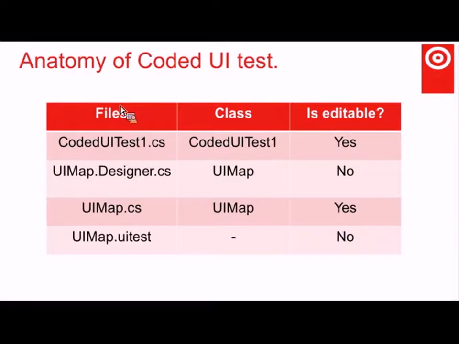We can have a test containing many of those files if it's a big test with lots of actions in there. And small files generally are a good thing, so that you can focus on individual concepts rather than having everything in one place. The code that's generated for us initially goes into the file uimap.uitest.